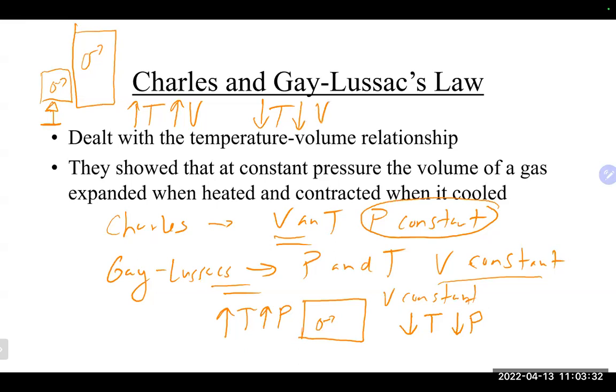So in the bottom case, the volume is stuck in place, it's rigid. So as we increase that temperature, we do see the pressure either go up with increased temperature or go down with decreased temperature. But in the situation where we want to keep it at constant pressure, the volume basically adjusts to maintain the constant pressure. Any questions on that there?